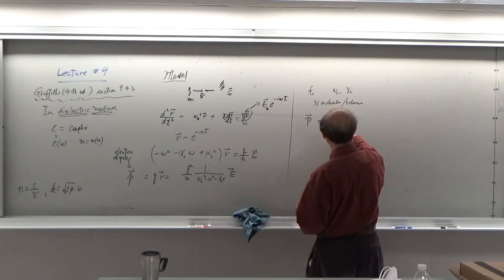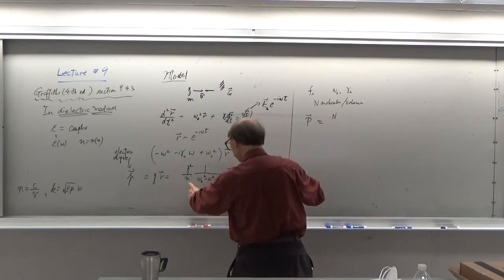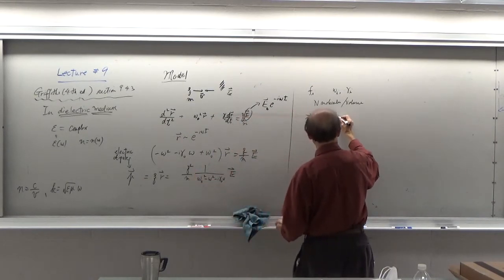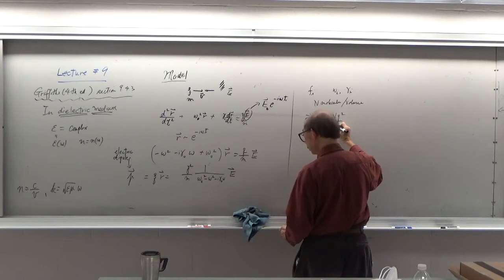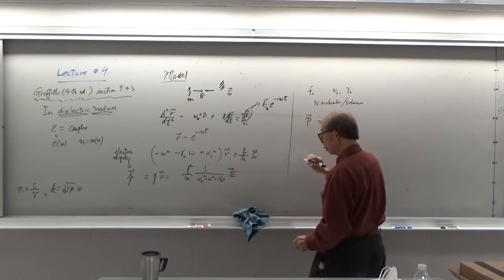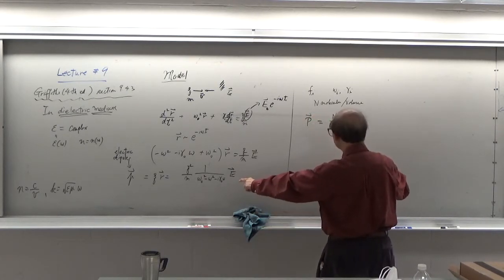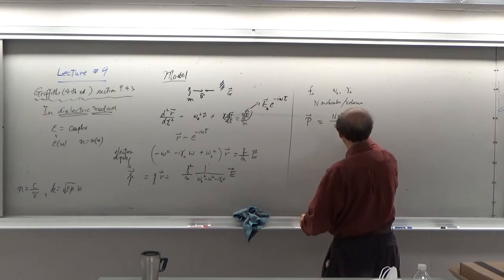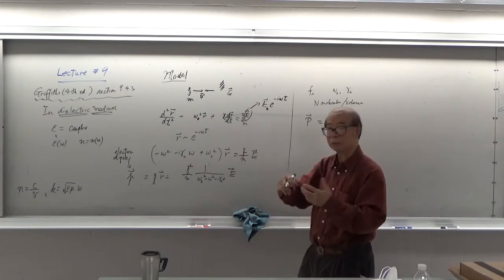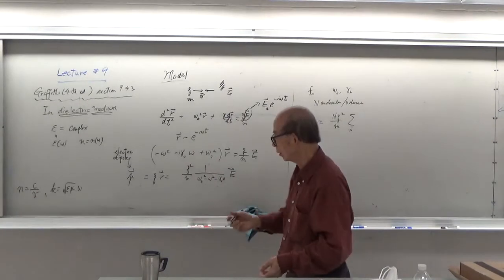So polarization is equal to the number of molecules per volume, and that is a factor of q squared over m, which is a common factor, so I can do that. And now I have to sum over the contributions from those different classes of electrons.